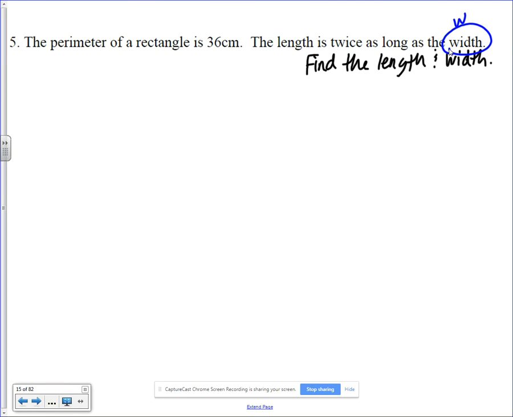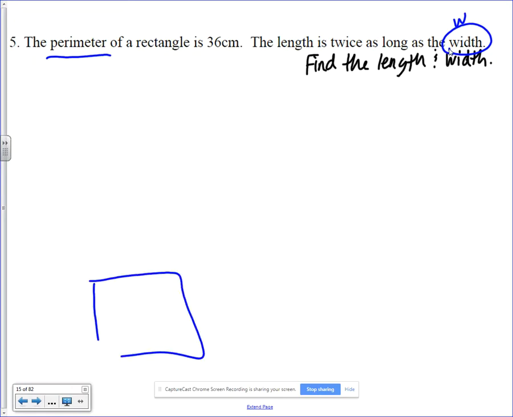No. How do I find the perimeter? What are we going to do? We're going to add all the sides together. Are all of these sides the same size? No. How many lengths are there in a rectangle? No. 2.